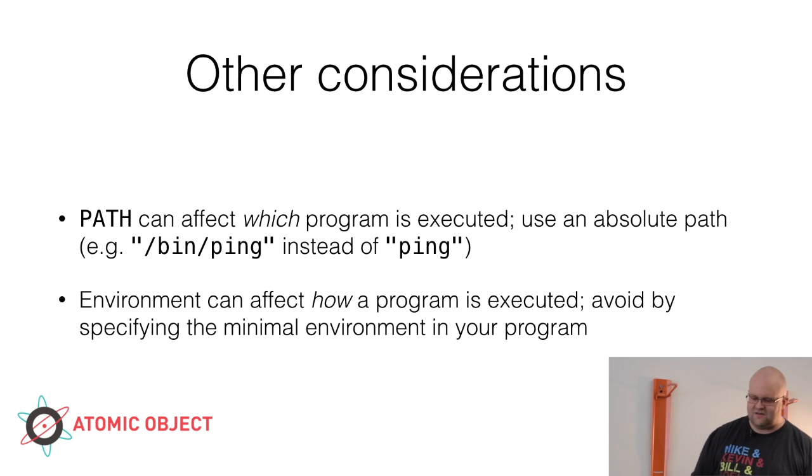There's a couple other considerations that you should look out for too. These are less often a problem. If your path is under the control of an attacker, and might be for some reason you're not totally clear on because of some other vulnerability, you can substitute ping for some other command. What you can do to solve that one, instead of putting ping up front, is put /bin/ping to explicitly say which ping I want to run so that the path doesn't affect it.